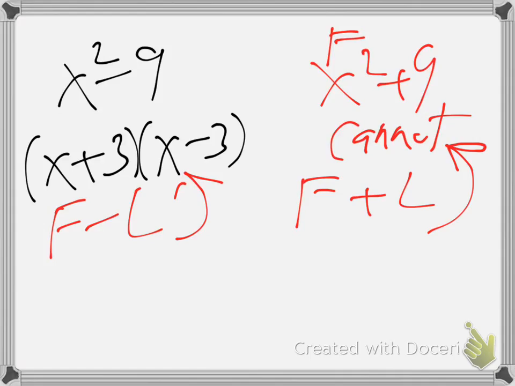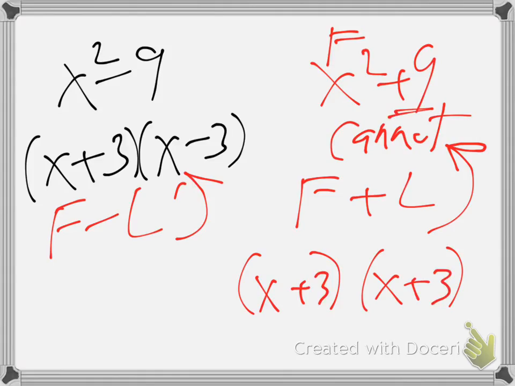Does everybody see that? Do y'all see why x squared plus 9 cannot be done? If you thought it could, look at the trouble. You think, well, is it plus 3 plus 3? No, that would make 9, yes, but that would make a middle of plus 6 when you added them, right? And we don't have a middle of plus 6.